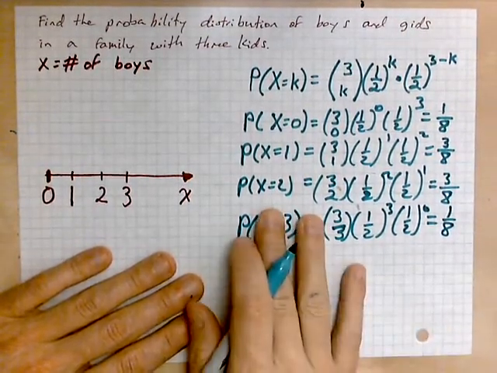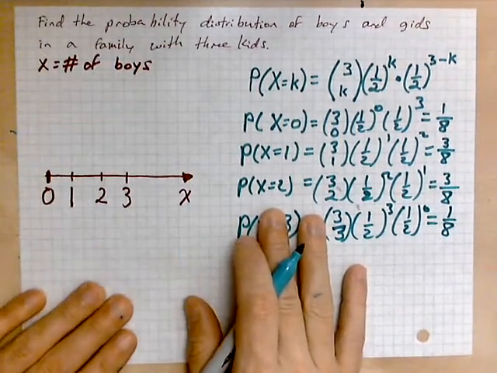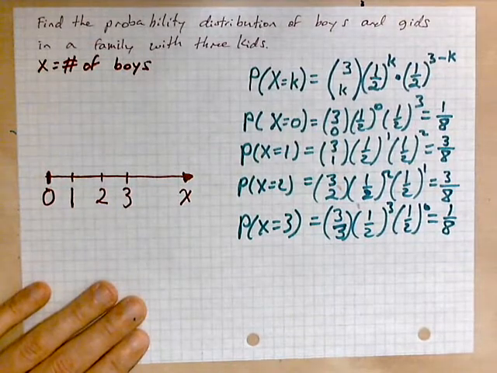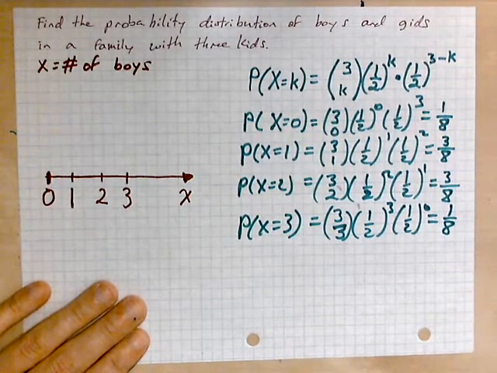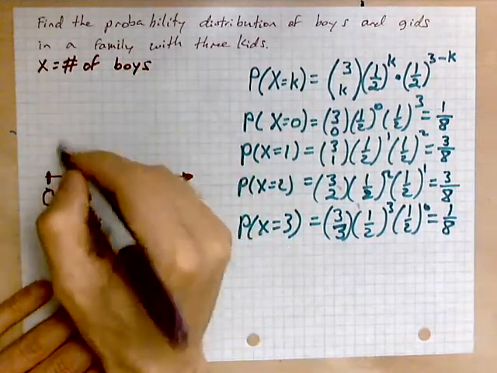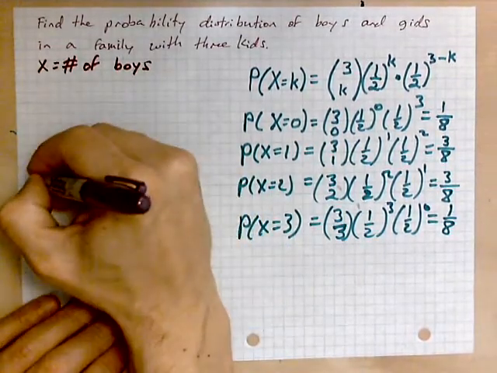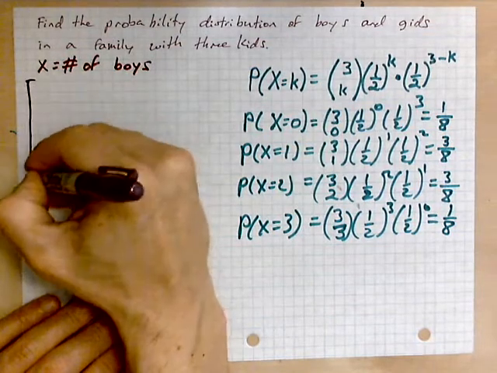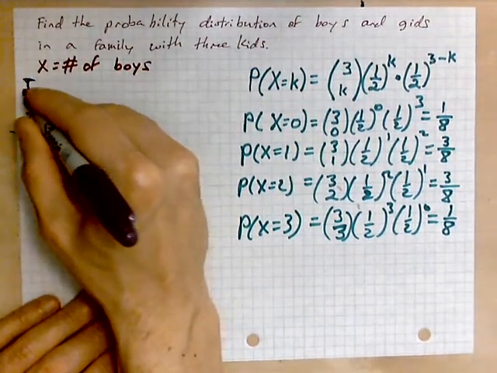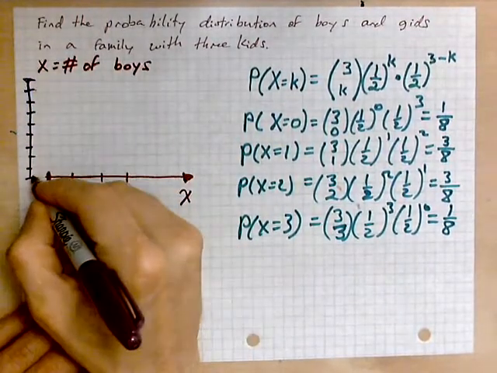So these are the various probabilities. What might be helpful now is to plot them on a stem plot, so you can compare them. The highest probability we have is 3/8, so I just count off by 8s here. Our vertical axis will look like this. We'll go by 1/8, 2, 3, 4, 5, 6, 7, 8.